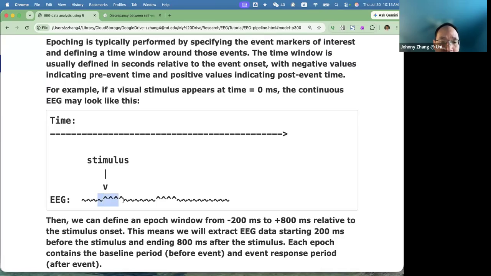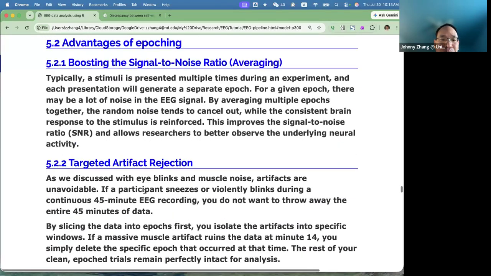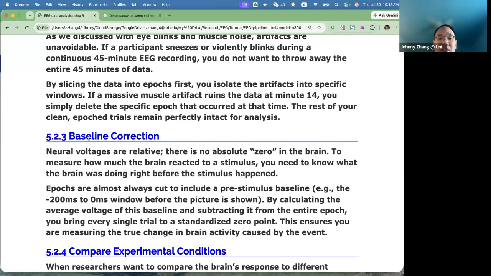So if we use epochs, we can start from negative 200 milliseconds and use the information at negative 200 milliseconds as a reference point, and then recalibrate the signals based on that. So you can calculate the difference between the signals here and the signals here, and therefore we can do baseline correction. The difference is basically the change before and after the participants see the stimuli, right?